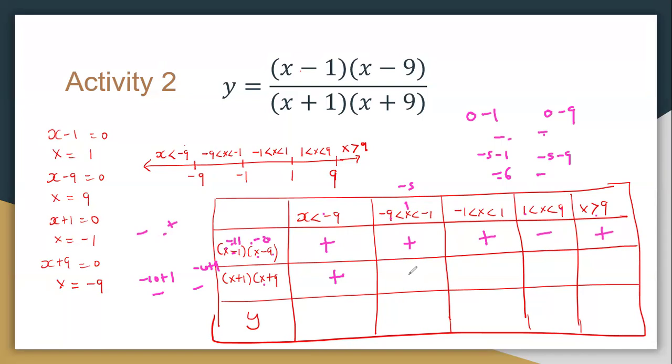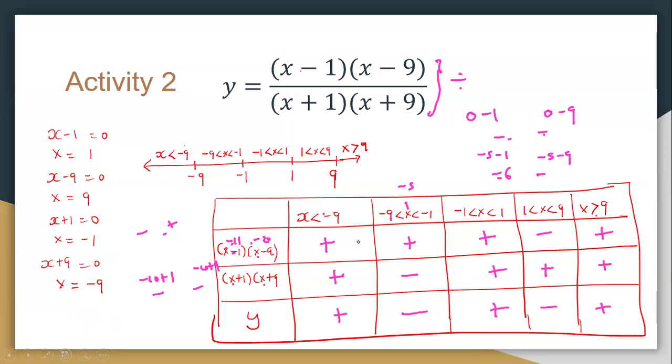So negative times a positive, you get a negative. Then between negative 1 and 1, put a 0. 0 plus 1 and 0 plus 9, here you get a 1 and you get a 9. So you end up with a positive. Here you end up with a positive and you end up with a positive. But remember, you are dividing the two. So positive divided by positive, you get positive. Positive divided by negative, negative. Positive, negative, and then the positive. So your table will look like that.